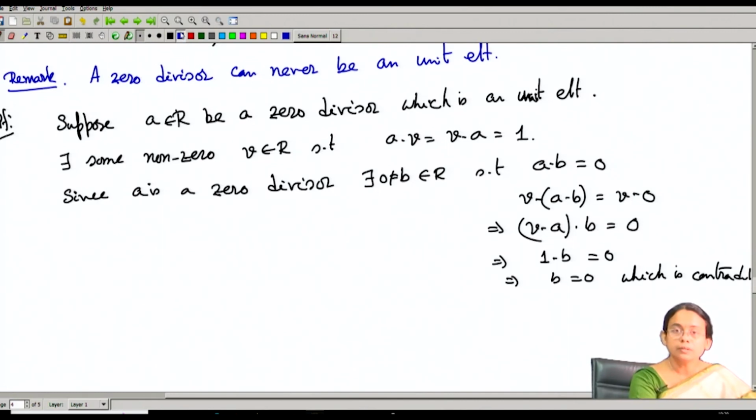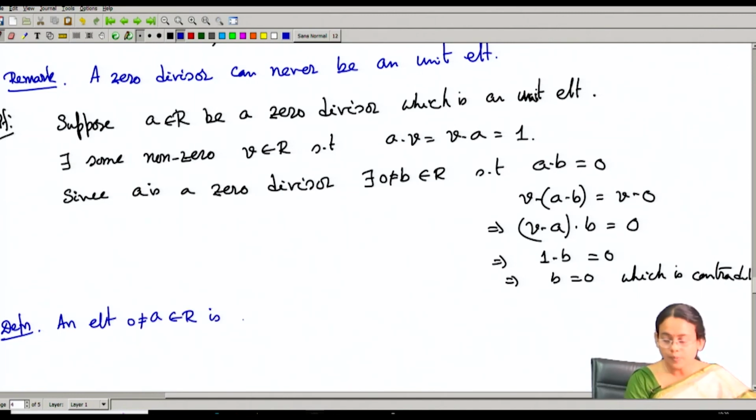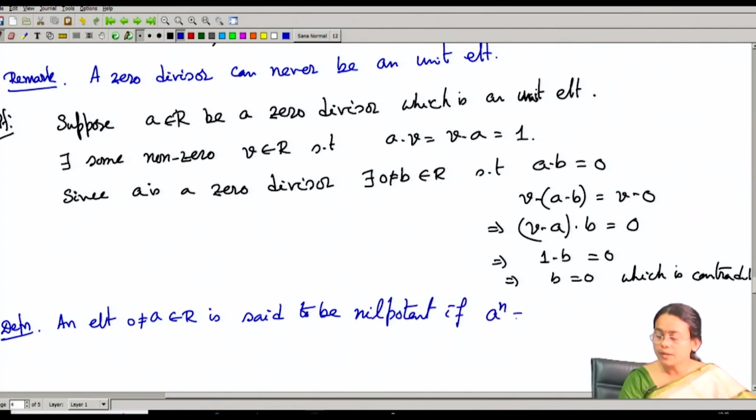Now, let me finish with one more definition. A non-zero element A in R is said to be nilpotent if A to the power n is equal to 0 for some n in the natural numbers.